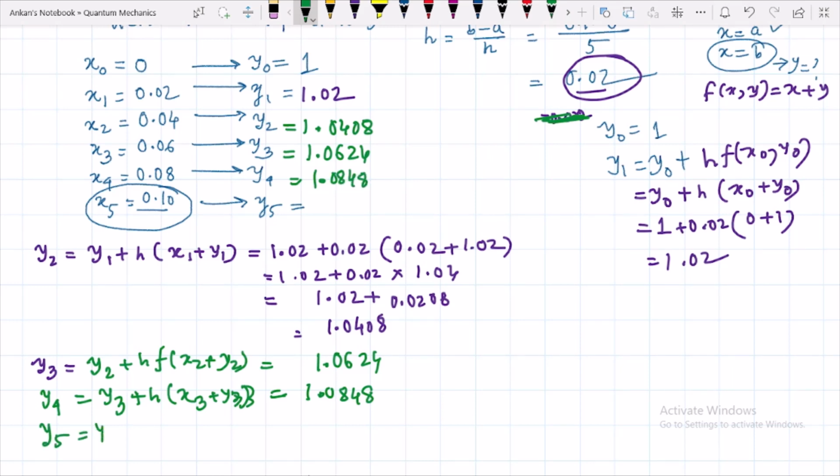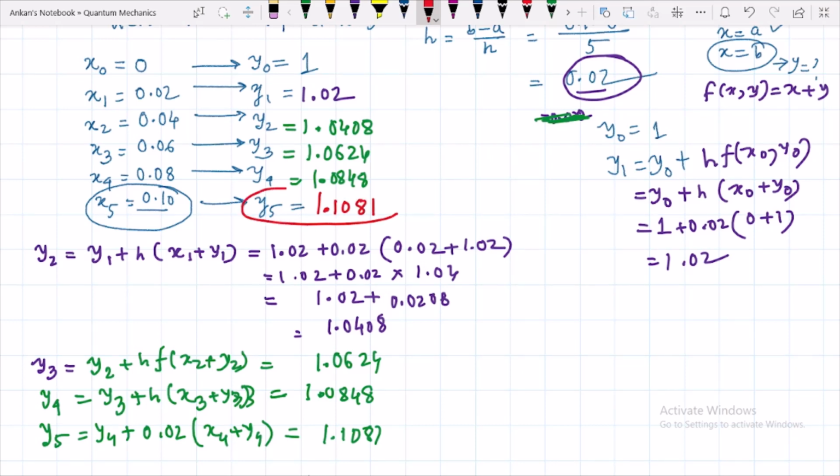And y5 will be given by y4 plus 0.02 into x4 plus y4, which means 1.1081. It can also be obtained from the calculator. So the desired value will be 1.1081.